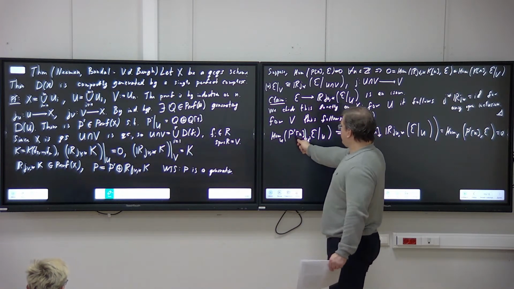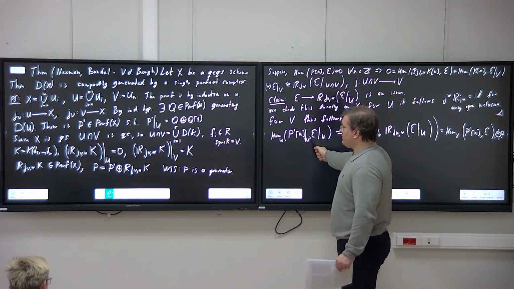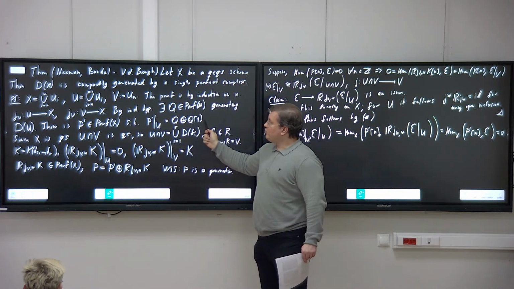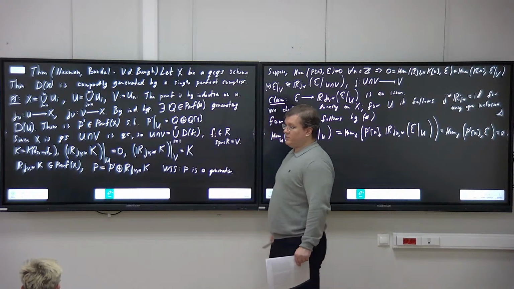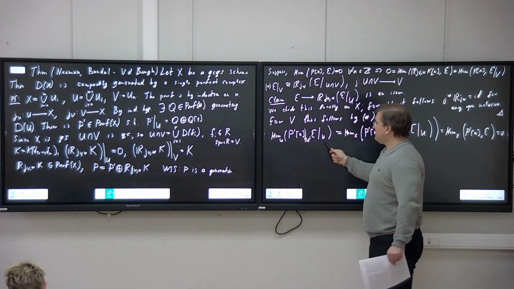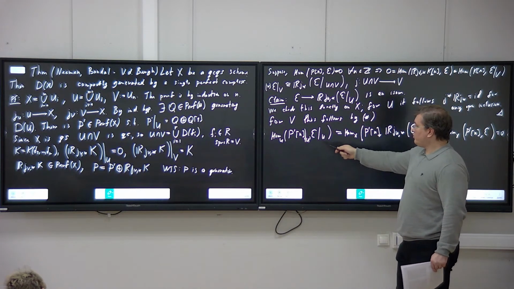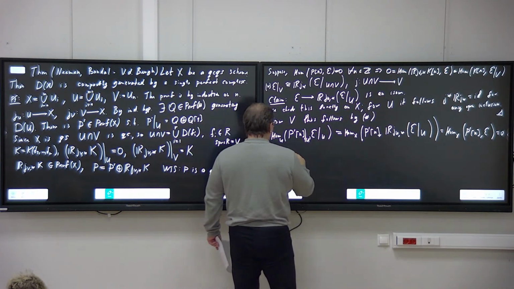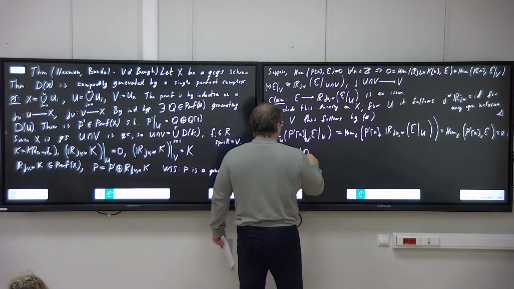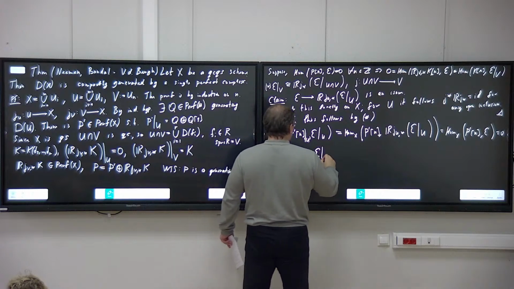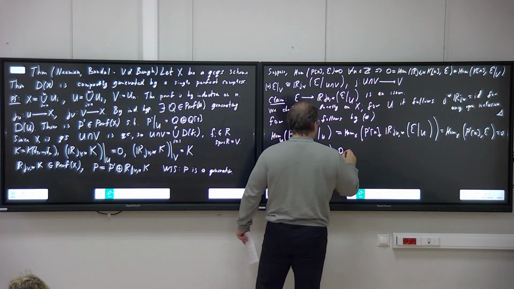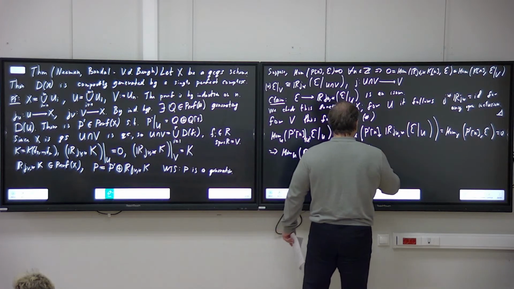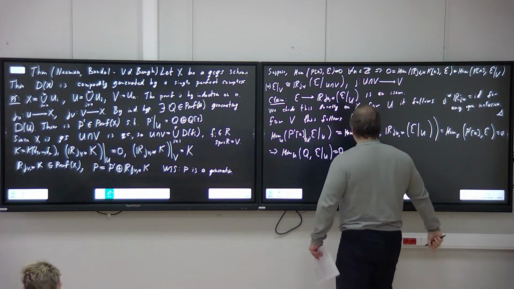But when I take P prime with the shift restricted to U prime, I get Q plus Q shifted by 1. And Q was a generator for D of U. Hence, if this Hom is 0, in particular Hom with Q, this implies that the Hom in D of U from Q to E restricted to U is 0, and since Q is a generator, E restricted to U is also quasi-isomorphic to 0.